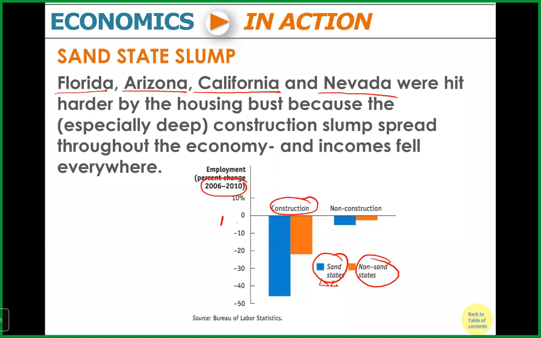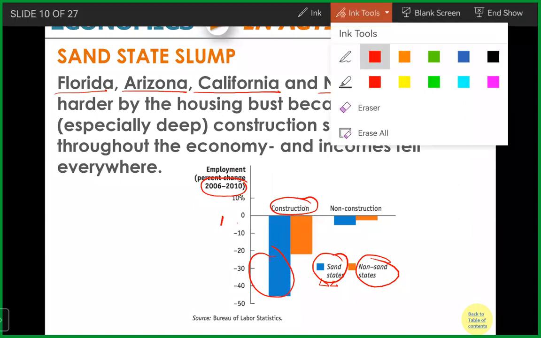If the market collapses, then those states are going to suffer more. Actually, this shows up in the difference in employment. Does it make sense? So this is the first step. Now, where does the multiplier show up? The multiplier actually shows up here.